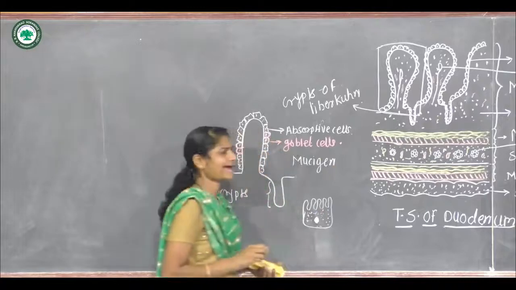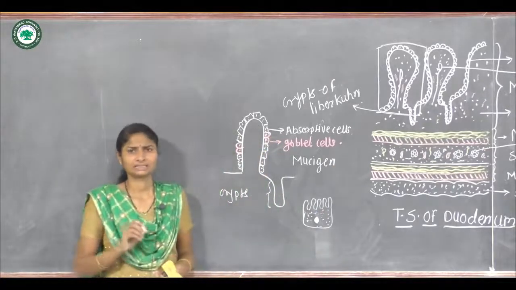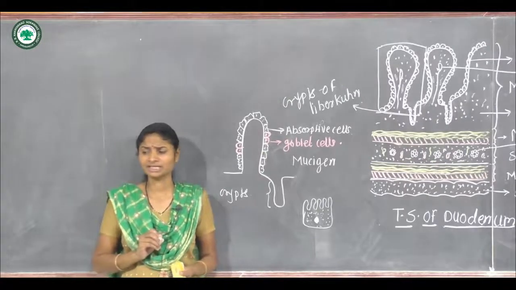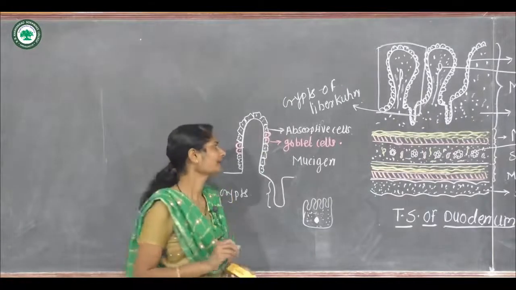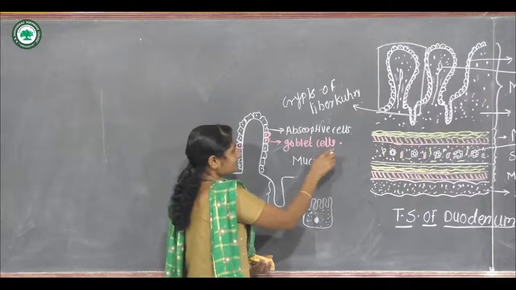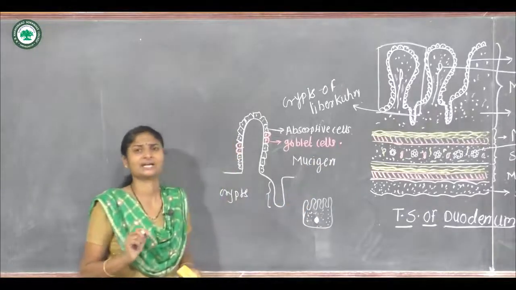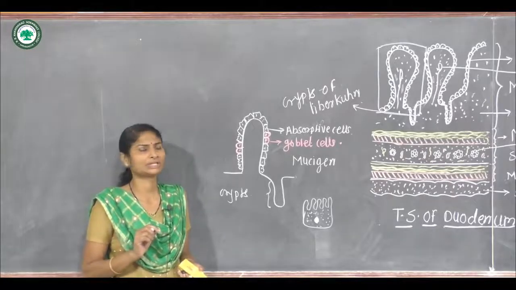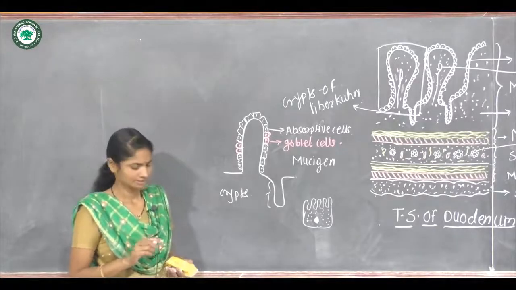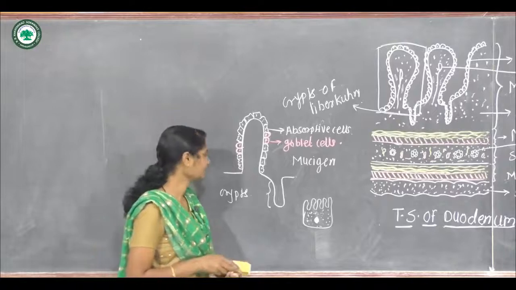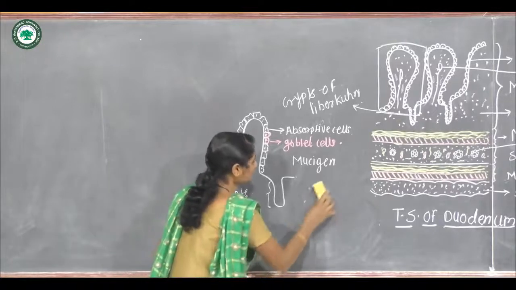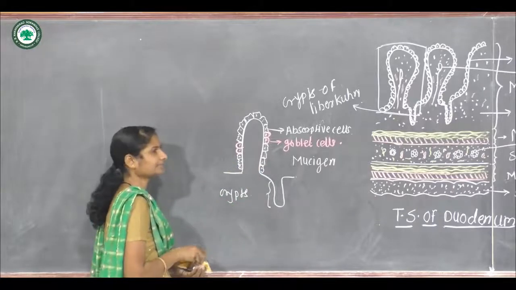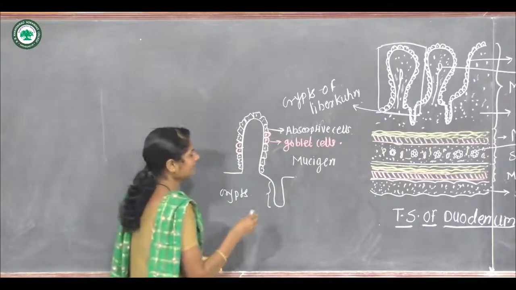Mucigen granules are secretory in function, and these goblet cells secrete alkaline mucus for lubrication of the surface.